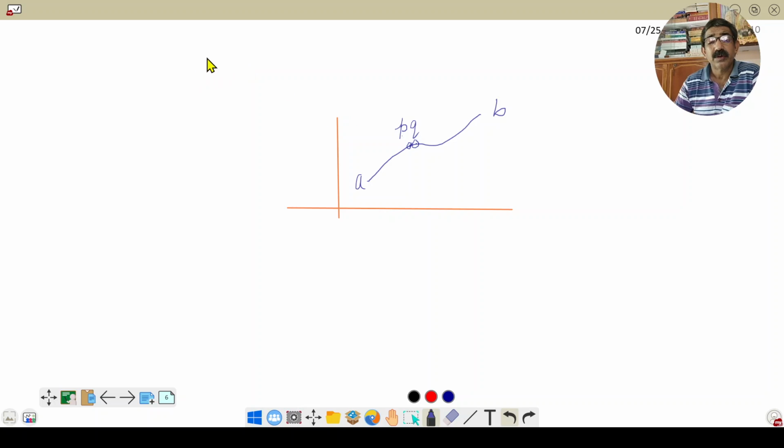Now, if the points P and Q are very, very close. That means point P and point Q are very, very close.